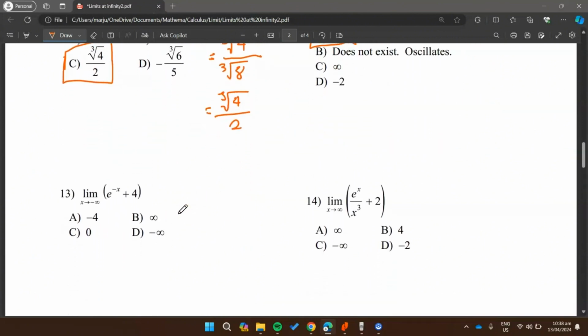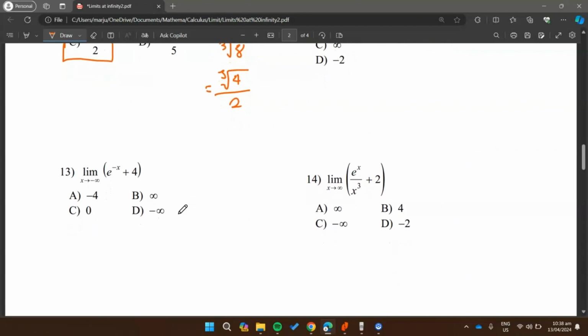What about number 13? Alright. So what will happen if again we are going to have what? Limit of e raised to negative x plus 4 as x approaches towards negative infinity. So basically, this will become, let's say for example, we'll have negative number, negative 2.